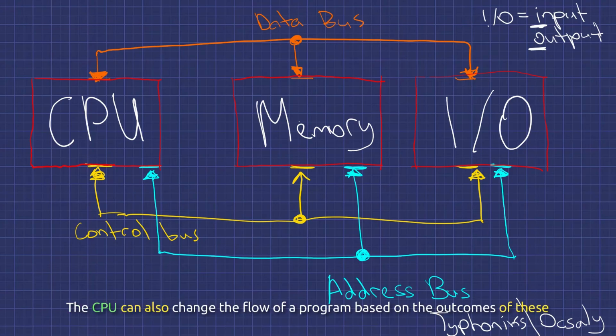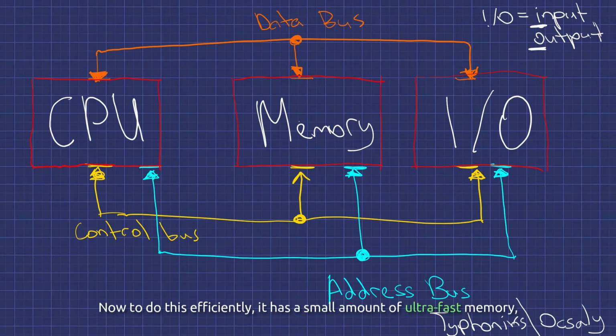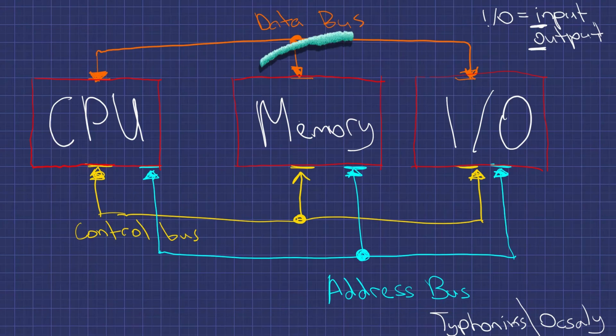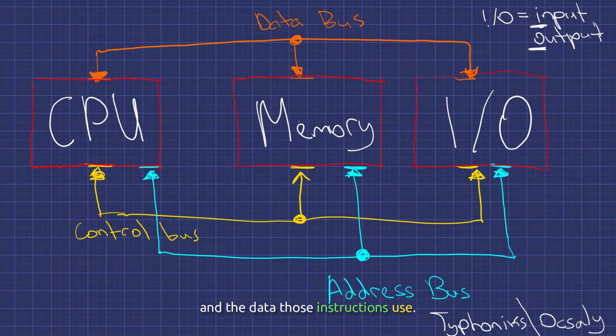The CPU can also change the flow of a program based on the outcomes of these operations. To do this efficiently, it has a small amount of ultra-fast memory, often called registers or cache, for temporary data storage.